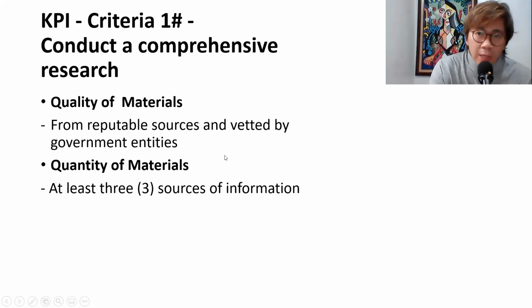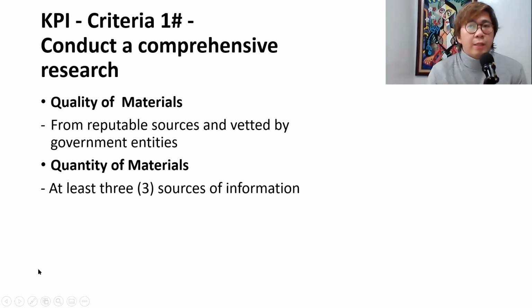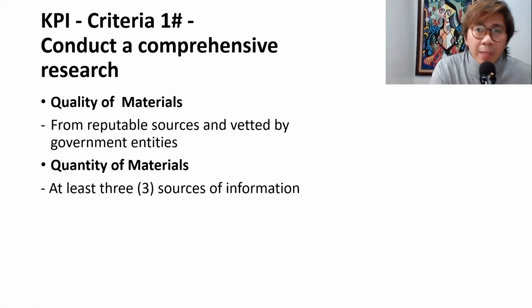Meaning to say, na check siya, or the accuracy could be in harmony or in synchronous with other related government publications. Next, at least the quantity. The quantity should be at least 3 sources of information. So yan po siya. Either primary or secondary sources of information. So that's my KPI, or that is the way I will grade your work, especially for your copy of your tour spiel.